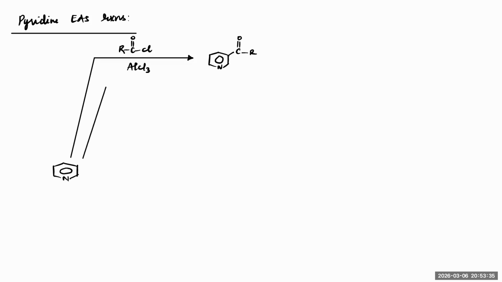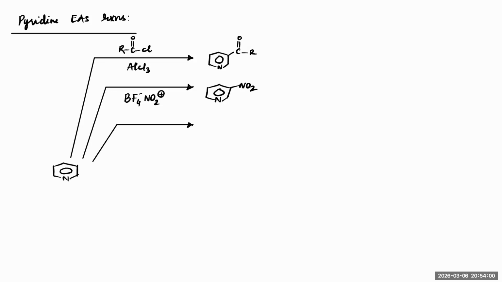Similarly, if you have to do nitration here, typically the nitration is done by this. So we have BF4 minus and NO2 plus. By that you will get NO2 substituted at this position, nitration.